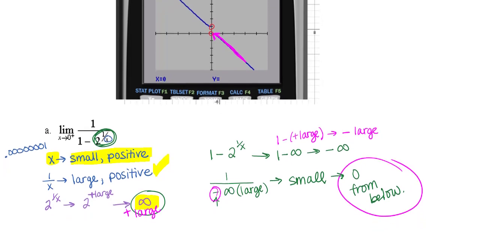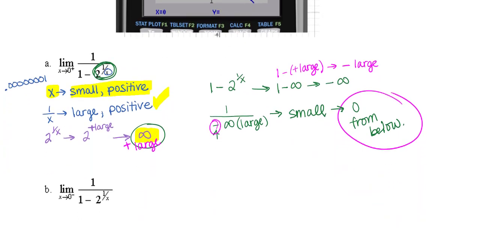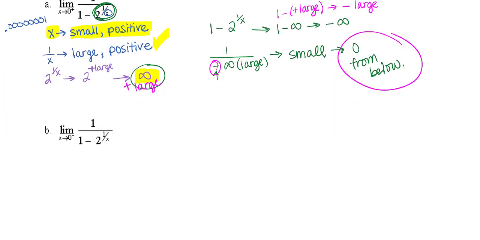So let's take a look at what happens if x approaches 0 from the left. These values are small, but negative. All right, so then I'm going to put it first of all into that 1 over x, just like we did before. Well, now I'm reciprocating small, so it will be large, but when you reciprocate negative, you still are negative.